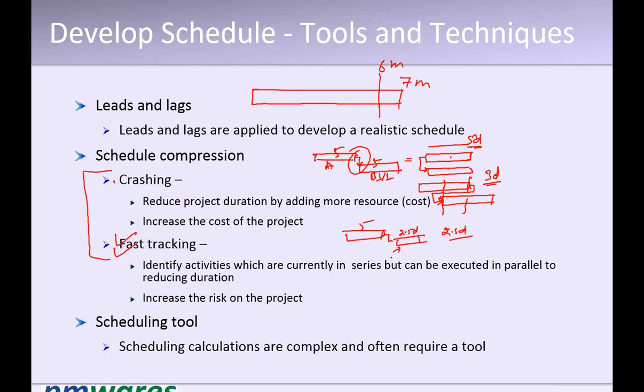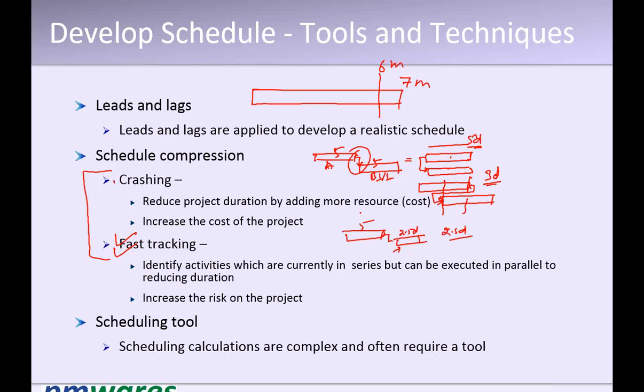So when we add resources and reduce the duration of the activity, it is called crashing. When we decide to compromise the dependency, the things which were in sequence we now do in parallel, that is called fast tracking. Both have their own disadvantages also.